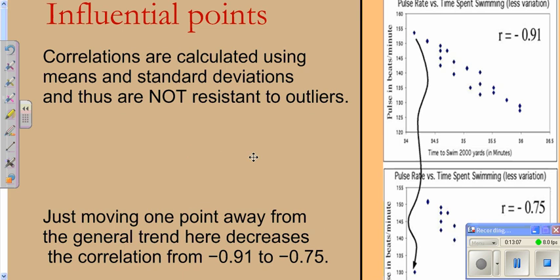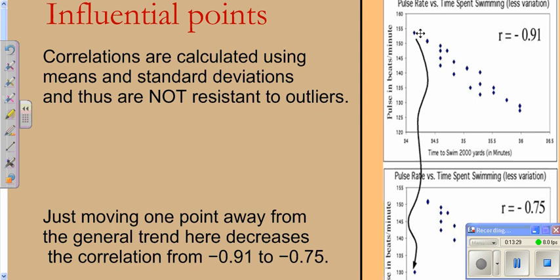We also have influential points, and then we have outliers. Now, keep in mind that if you go ahead and change one point into an outlier, your R can definitely change. Your R uses averages and standard deviations. Both are influenced by outliers.